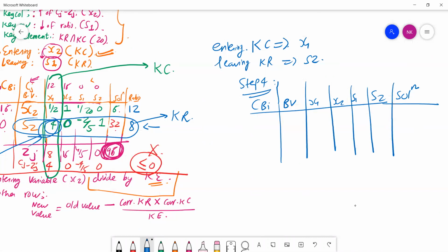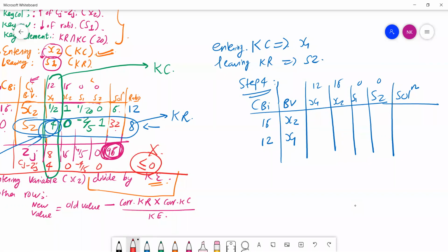So basic variables: x2 remains as it is, and instead of s2 we are having x1. The coefficients are 12, 16, 0, 0. So corresponding to x2 it's 16, corresponding to x1 it's 12. Now calculate the values corresponding to the entering variable.